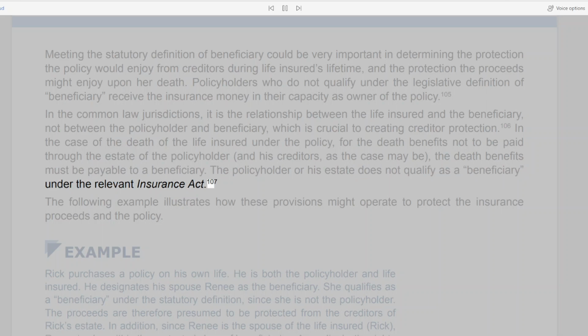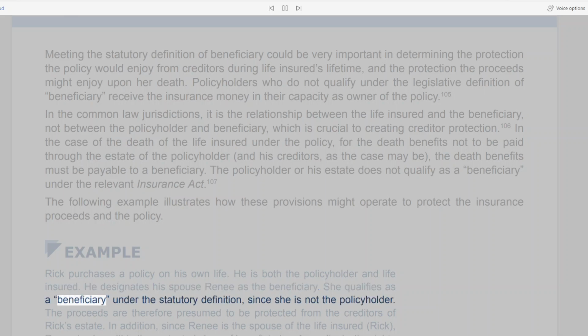107. The following example illustrates how these provisions might operate to protect the insurance proceeds and the policy. Example: Rick purchases a policy on his own life. He is both the policyholder and life insured. He designates his spouse Renee as the beneficiary.